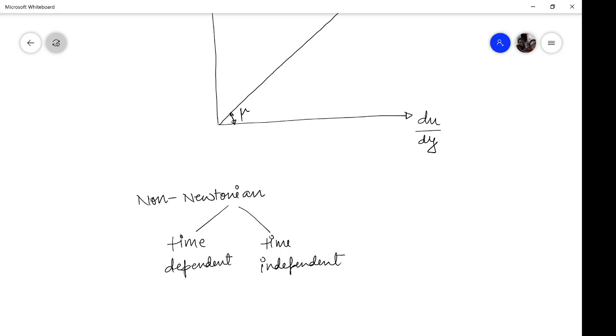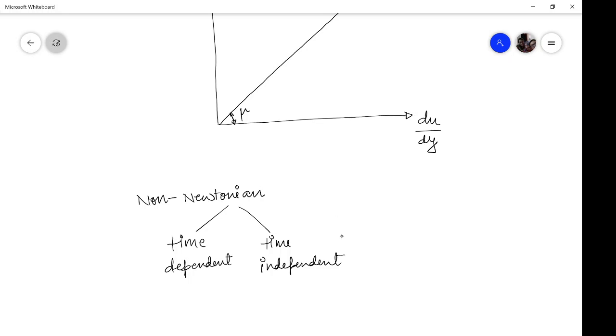The time dependent non-Newtonian fluids are those where the shear stress and rate of shear strain relationship changes with respect to time. The constitutive relationship changes with respect to time, whereas in the independent case it doesn't change with respect to time.